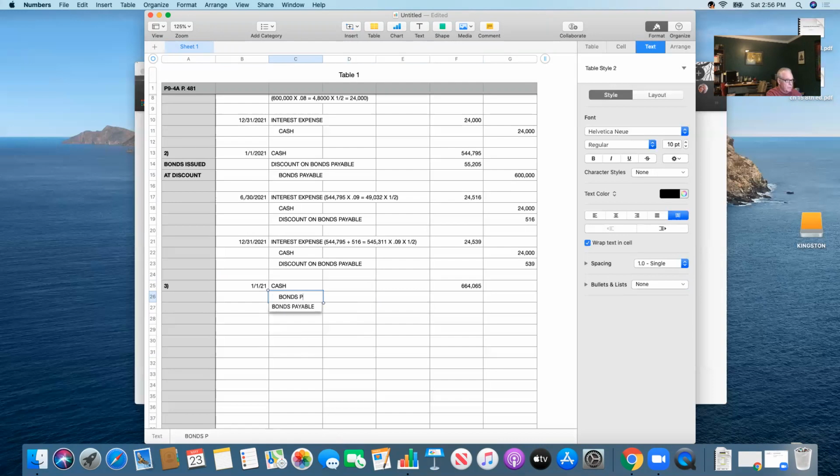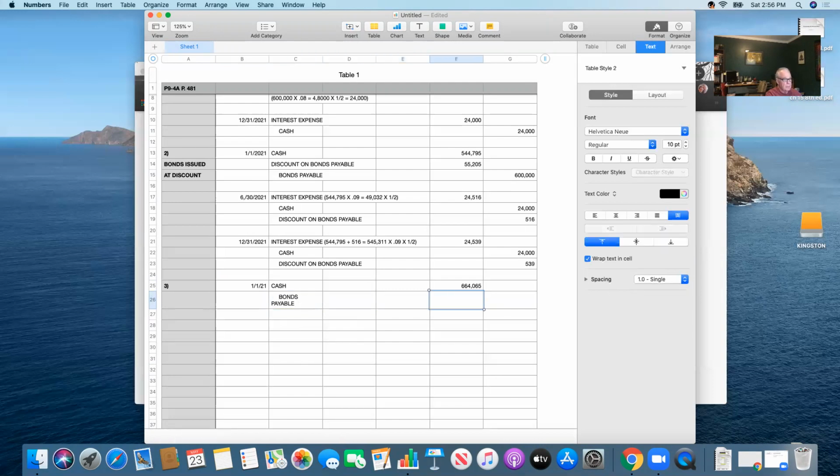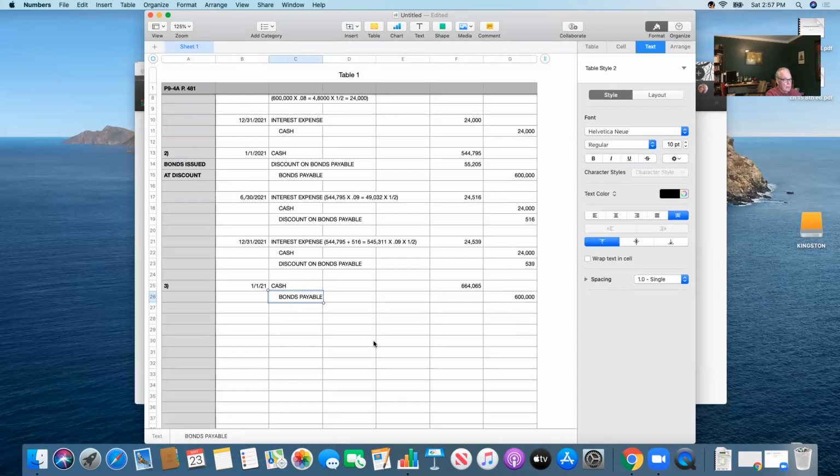Credit bonds payable 600,000. Right, and this time premium on bonds payable.